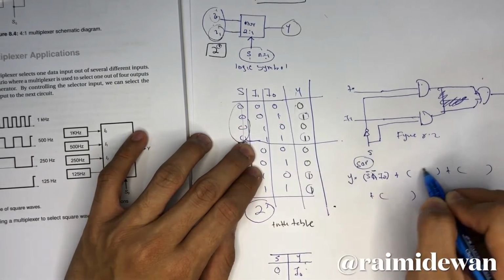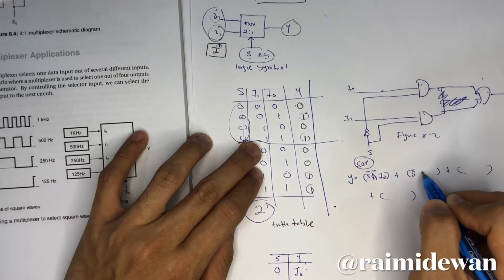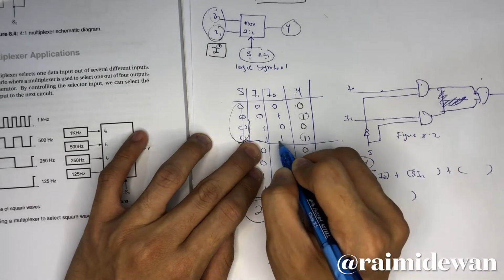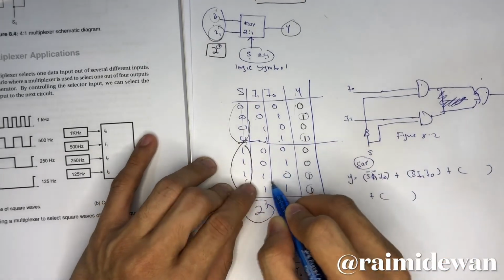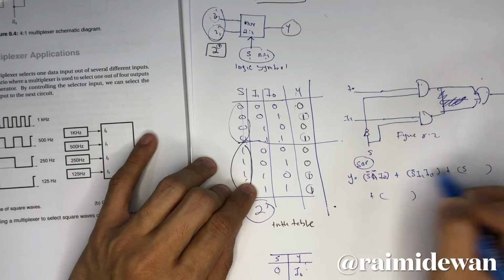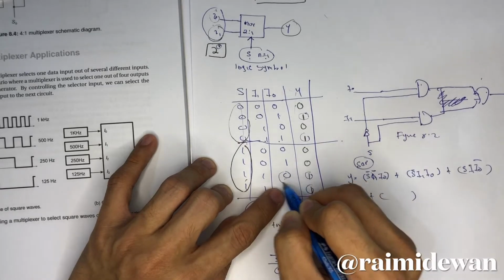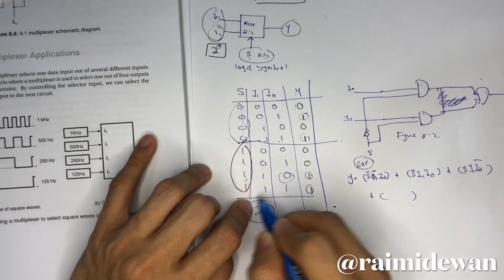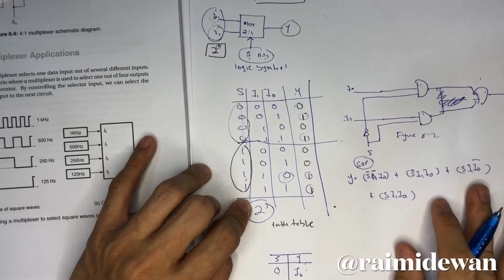How about this one? The same, with I1 and I0, and then the other one you have S, I1 and I0 bar. And this one is S I1 I0. Okay, so it's easy.